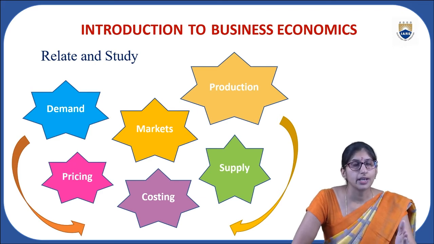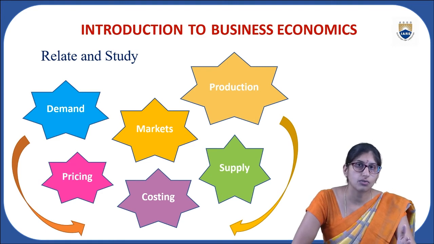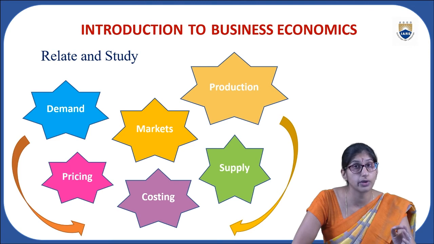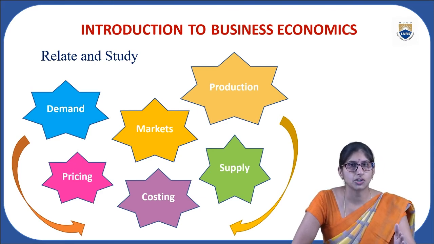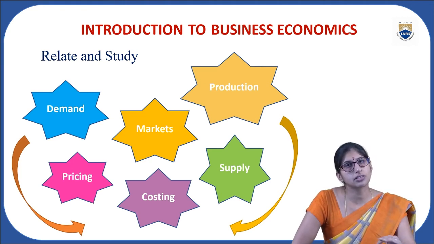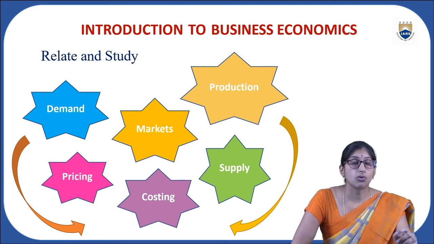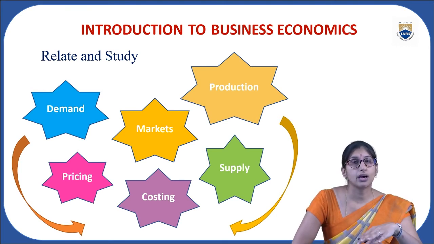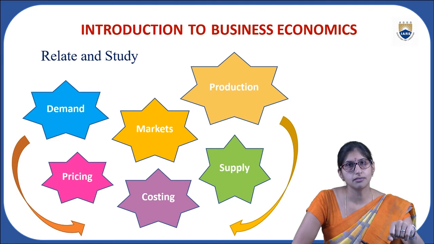Here we are going to study different types of costs. What are the different types of cost? What is opportunity cost, which is very, very important, and explicit and implicit costs. All these types of costs we are going to study in this managerial economics, which we also call business economics now. Next comes pricing. Based on cost, we are going to fix the price.